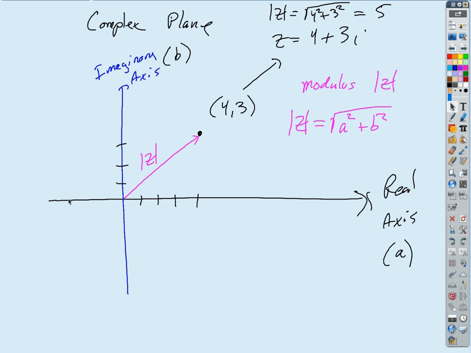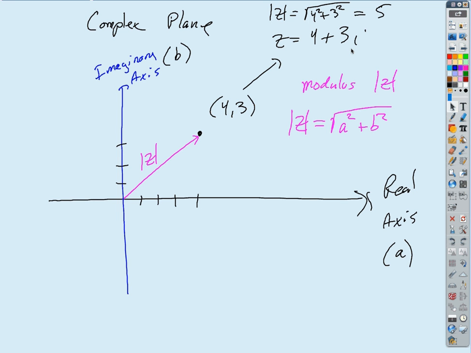So for example, if we had the complex number z equals 4 plus 3i, what's the real part? 4. What's the imaginary part? 3. The imaginary part is just the coefficient of i. Yes, Jim? So you could kind of think about this as y equals ax plus b. Well, what do you mean by that?